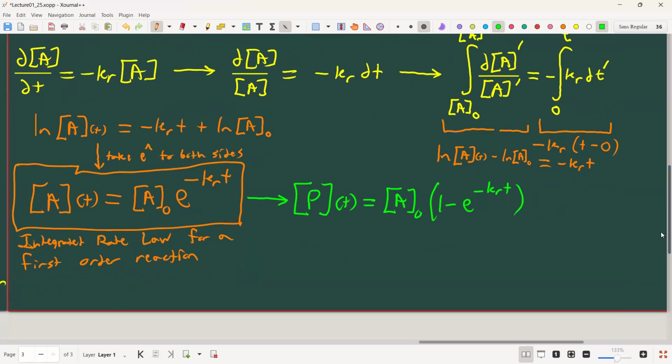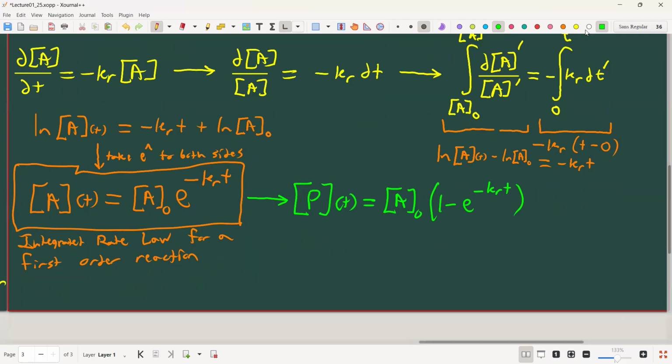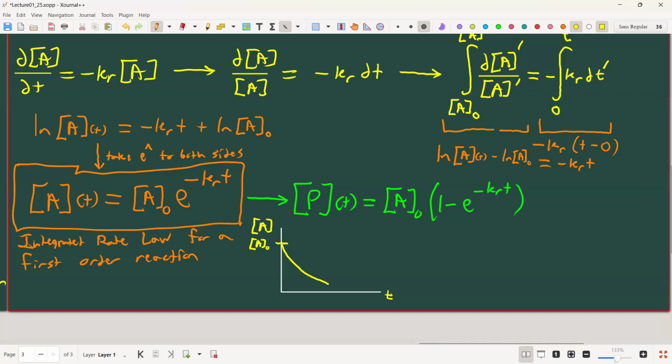I'll plot these for you. So if we want to plot the depletion of A with respect to time, we start at A naught and we exponentially decay.